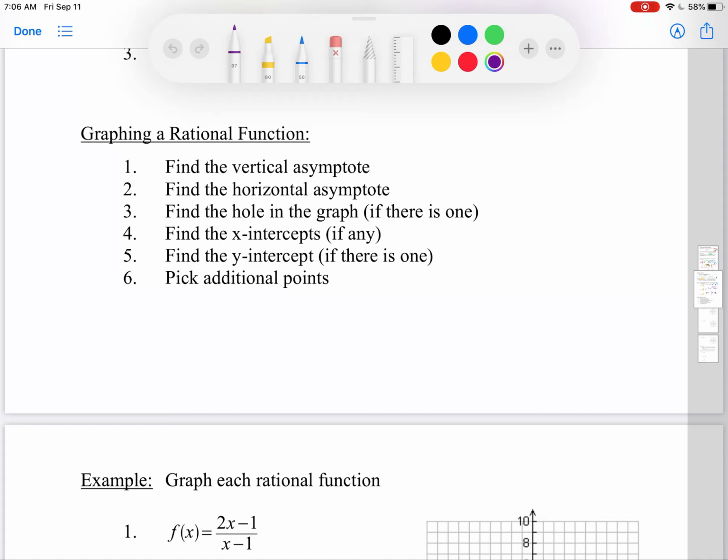So step 3 and step 1 kind of go at the same time, but we can do step 3. Find the hole in the graph, if there is one. It's not always going to be the case. And step 4, find the x-intercepts. We've done this. Okay, we'll get some more practice on that. Step 5, find the y-intercept. And 6, pick additional points if necessary.